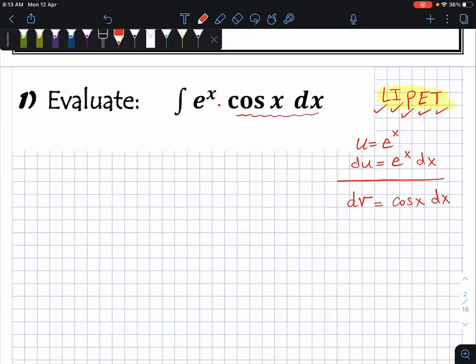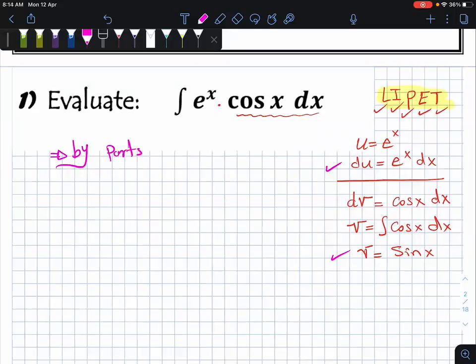Then integrate both sides. So v is equal to the integral of cosine x dx, which is sine x. So we integrate one part and find the derivative of the other part. Now we can write the formula for integration by parts: the integral of u dv is equal to uv minus the integral of v du.